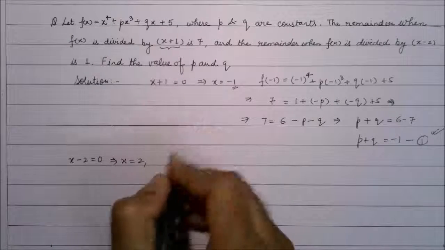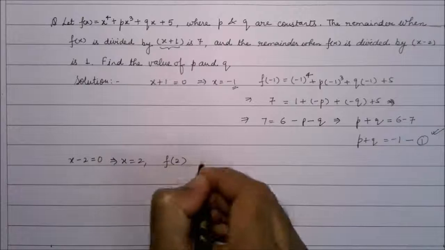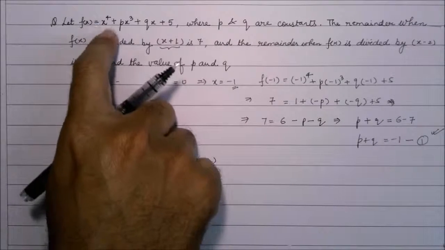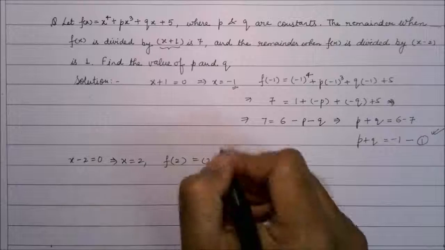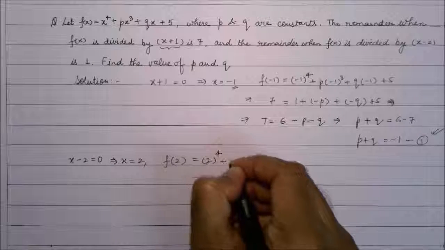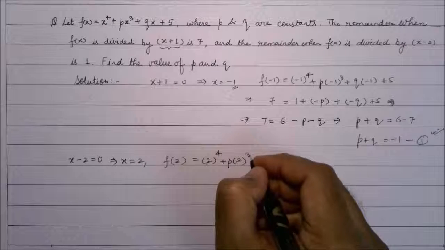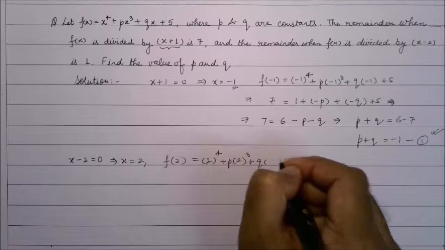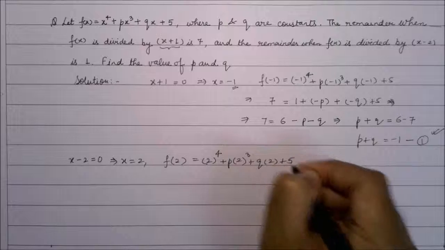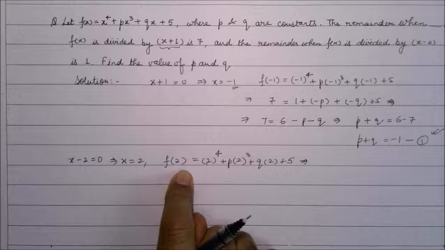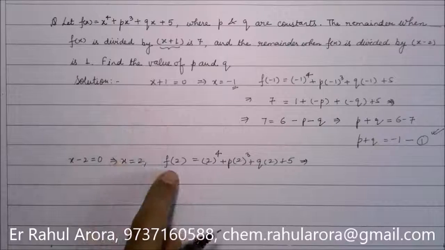I will plug this 2 in this given equation. So this will give me f of 2 equals, wherever I am looking at x, I will be plugging x equals 2. So 2 to the power 4 plus p times 2 cube plus q times 2 plus 5. On simplification, the value of f of 2 should be 1 because the remainder is coming out to be 1.